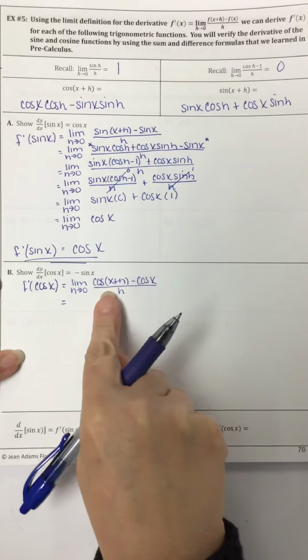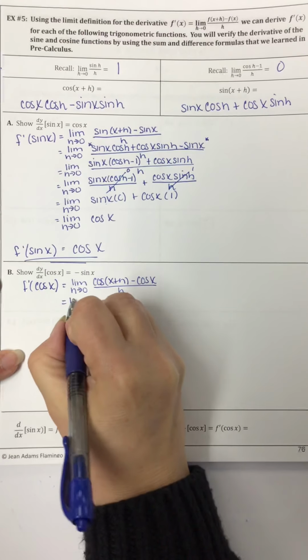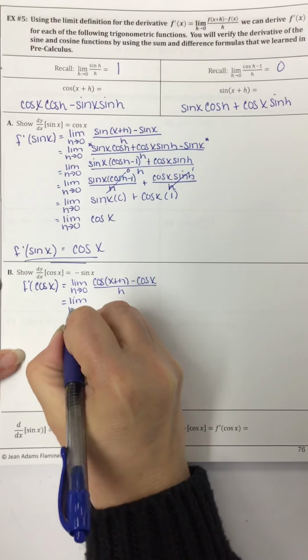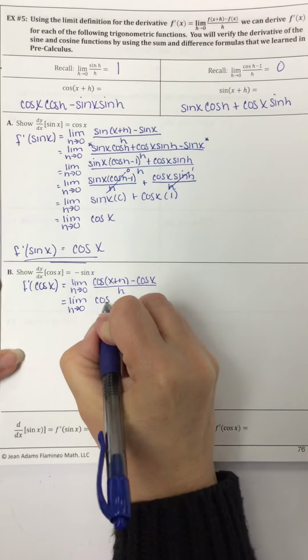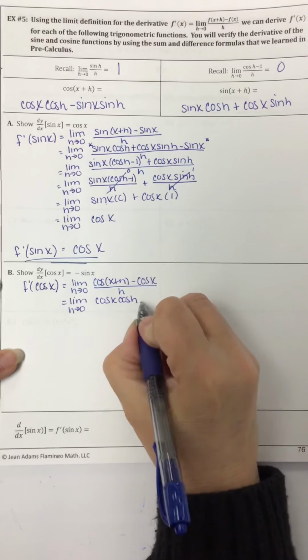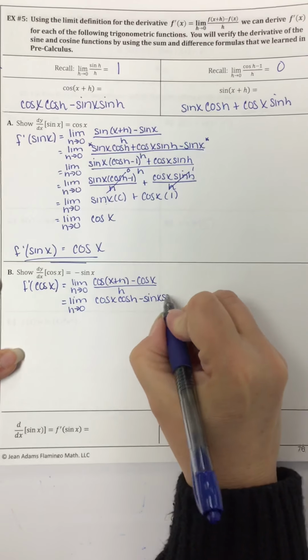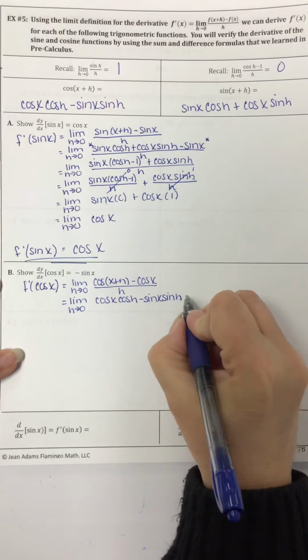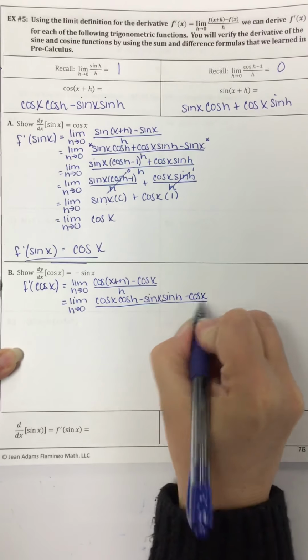And then we have that cosine sum that we've got to expand. So expanding that cosine sum, we would have cosine of x, cosine of h, minus sine of x, sine of h, minus cosine of x. All of this is over h.